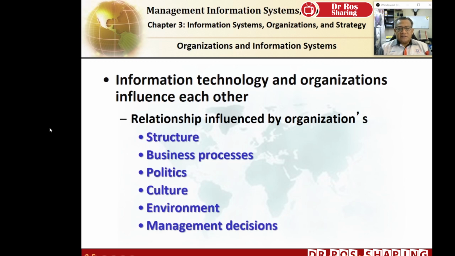It must have a structure, the structure of the organization. It must have business processes, how the company is processing their operation, the politics within the organization itself, the culture that builds up the working environment within the company, and the decisions that the managers make.